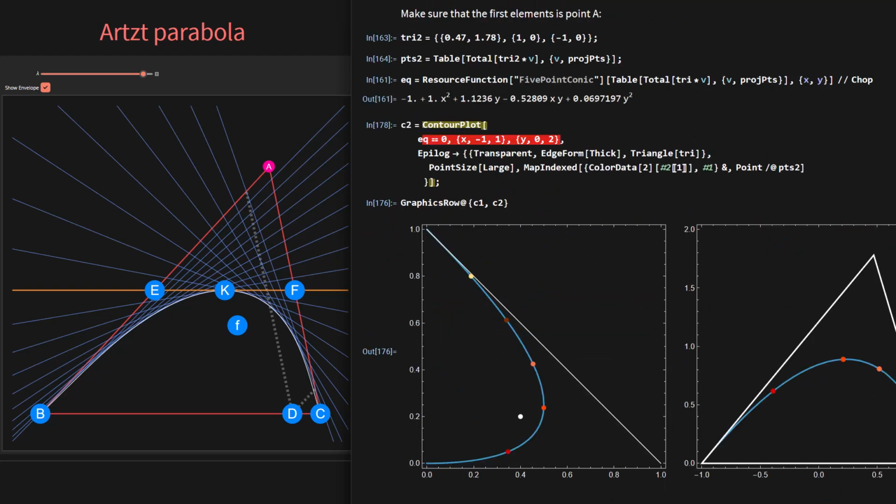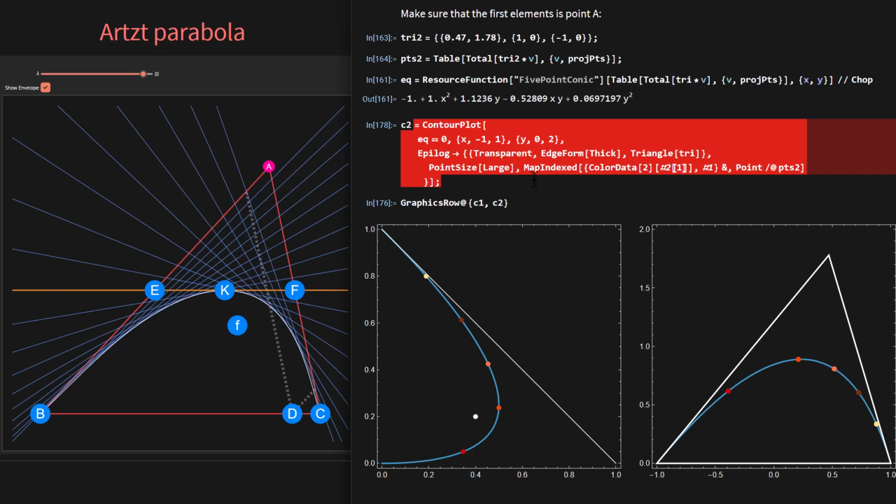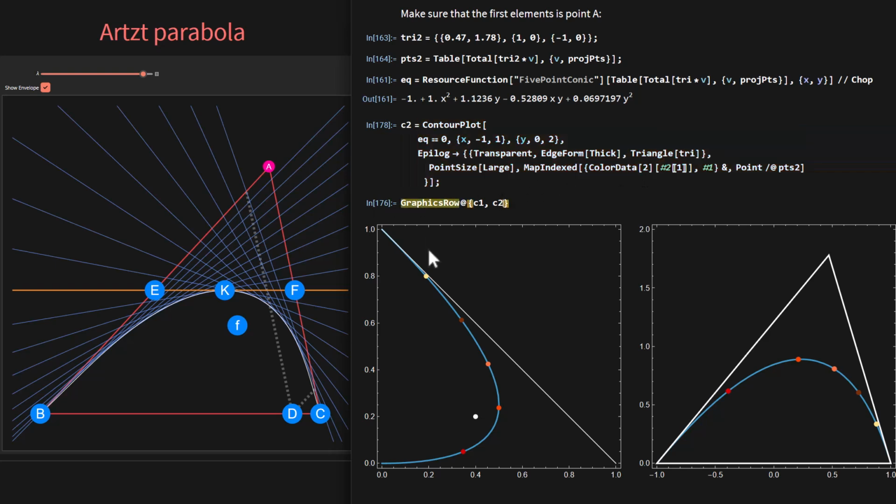Okay, then you use a contour plot to plot this line over the space here, and I can compare with the points in the projective space and the lines in this case. Okay, and you can see this curve actually indeed is touching the triangle at the left corner and the right corner. So these two correspond to this corner and this corner.